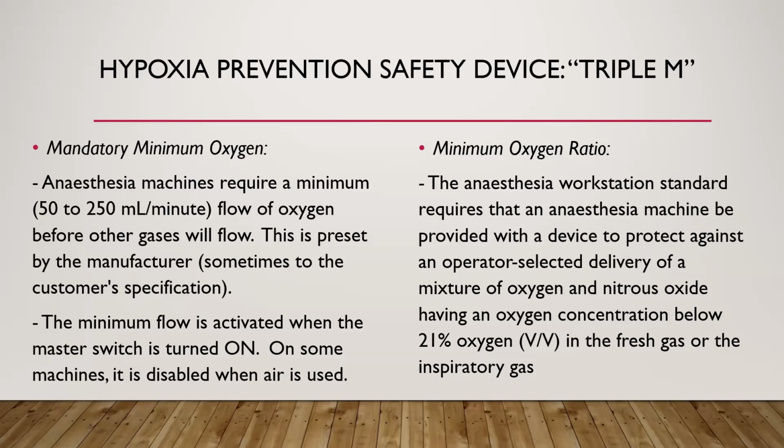The minimum flow is activated when the master switch is turned on. Once you want to start your anesthesia, you turn on your anesthetic machine and it is immediately activated, so that no gas can flow through the system until you have the mandatory minimum oxygen. So we have the minimum oxygen ratio, which pre-selects the delivery of oxygen.